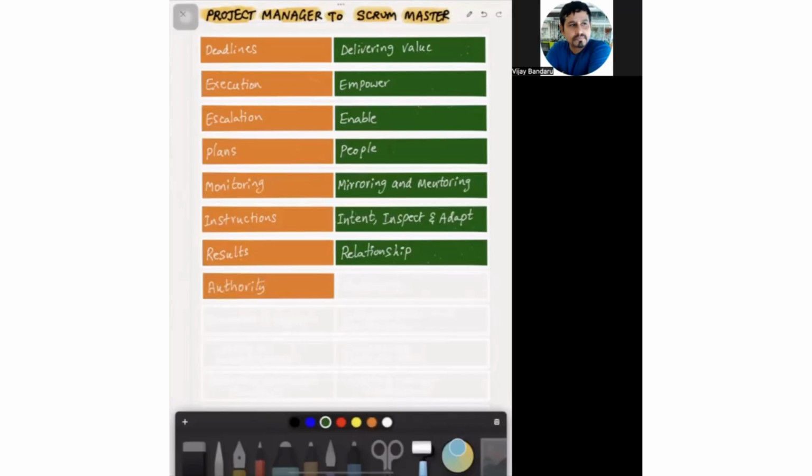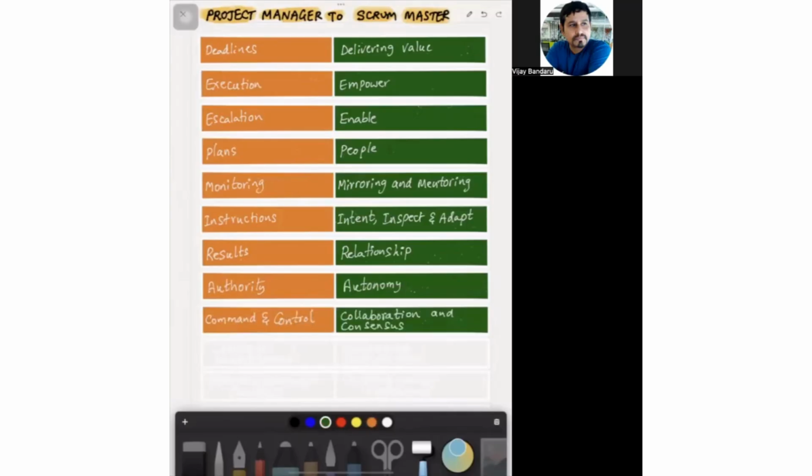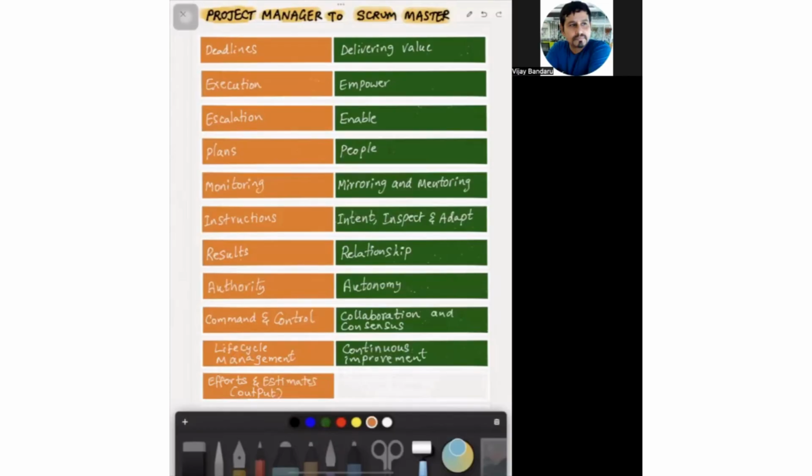Then authority mindset to autonomy mindset. That means making people more self-managing. Command and control approach to collaboration and consensus decision-making approach. Lifecycle management approach to continuous improvement approach in terms of people, processes, tools, techniques, practices, all these things.